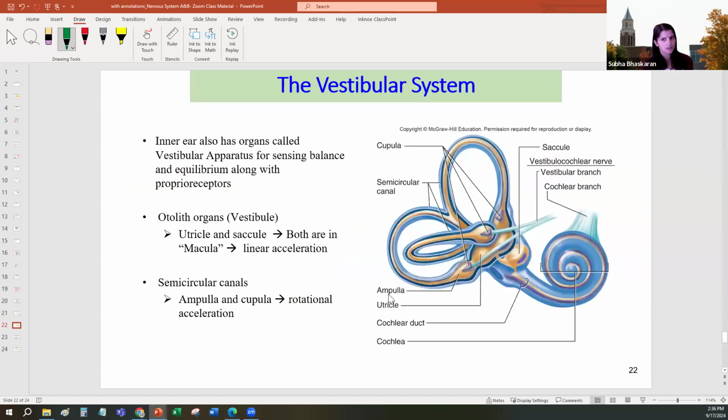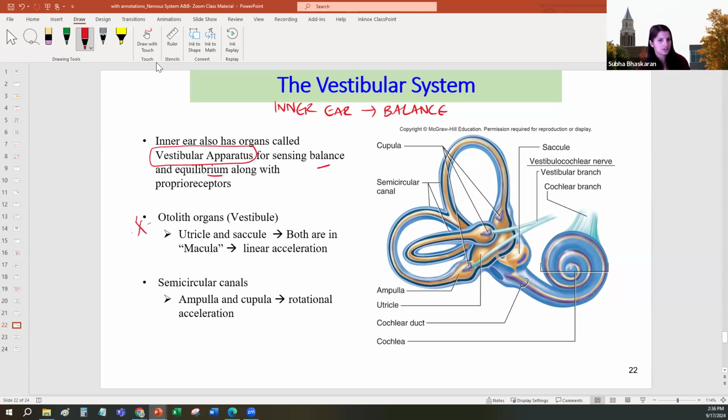The vestibular system, remember, what does this do? This is also in the inner ear, but this is sensing balance. There's a difference. So the inner ear has two systems. The vestibular apparatus senses balance and equilibrium along with other proprioceptors.